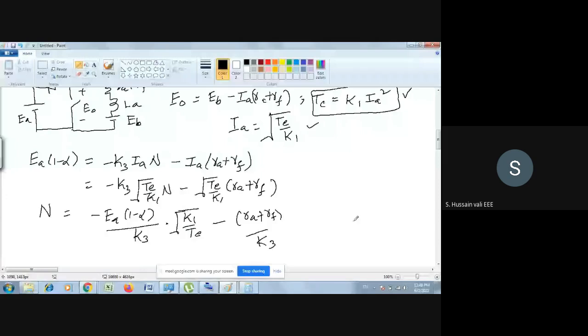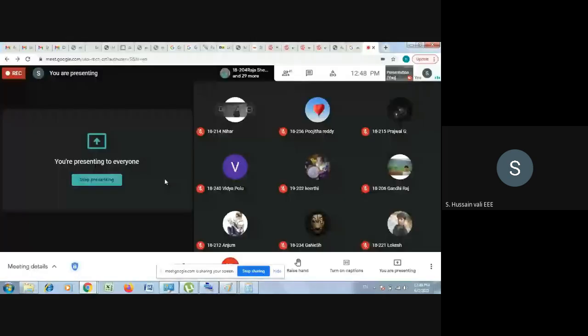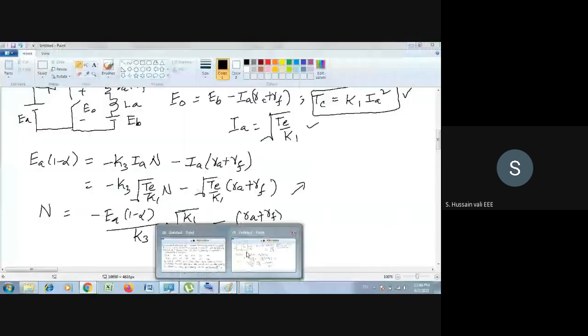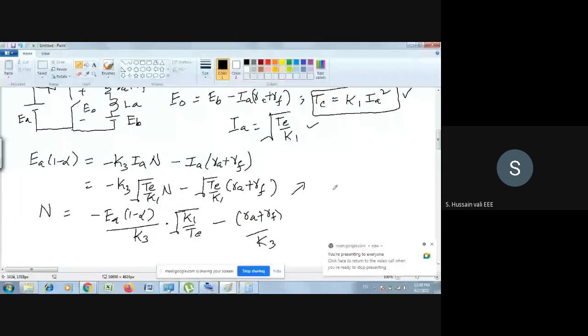So then we forgot that, do this further. We'll simplify this further. Then how do we do this? 1 minus alpha, so we take in value of alpha.